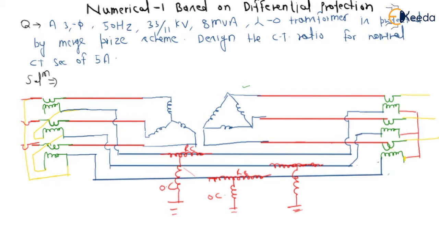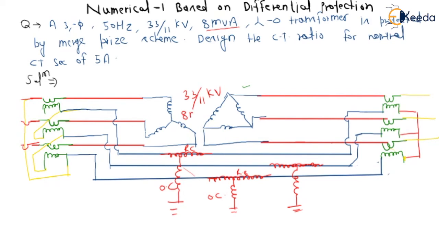So now we are going to solve the numerical. A three-phase 50 hertz 33 by 11 kV power transformer, and the MVA rating has been given as 8 MVA.